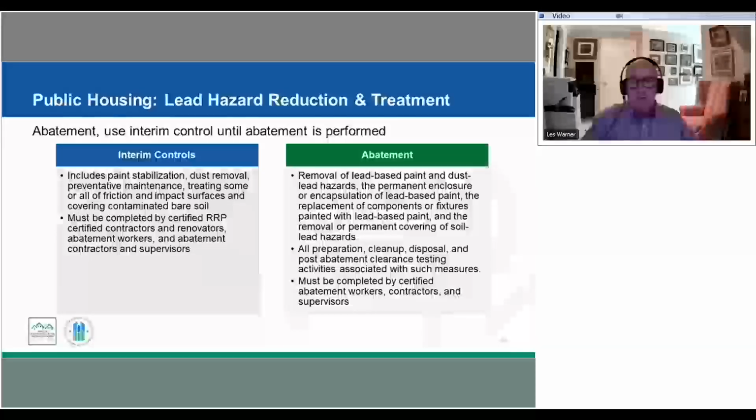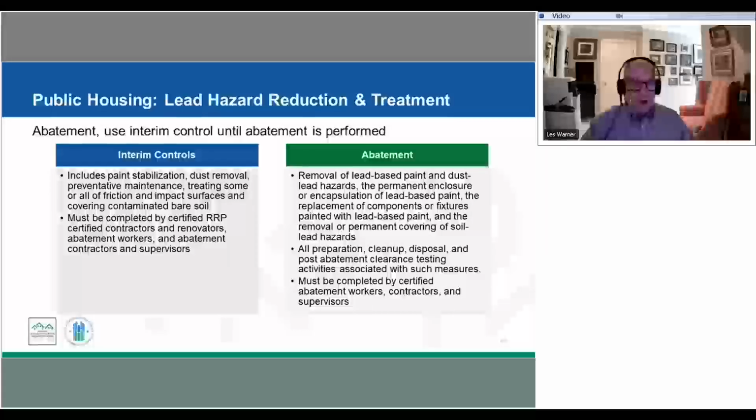All of those doors and the frames were replaced, and that created a permanent fix, and the property became a lead-free property. As part of that, we're going to do all the needed preparations, which would include proper cleanup and disposal of the materials, the dust, and the residue generated as part of that work.